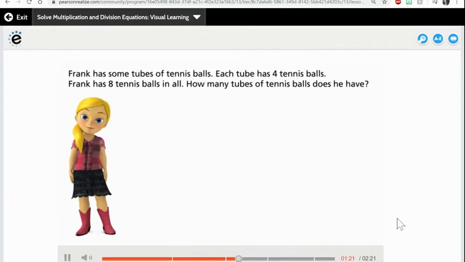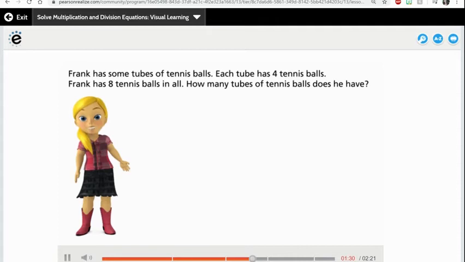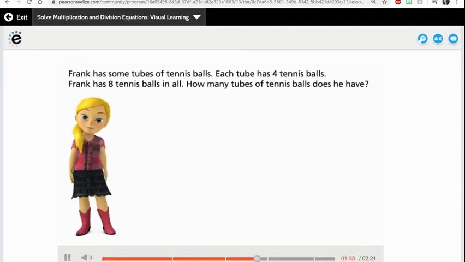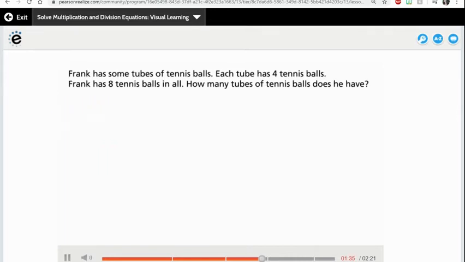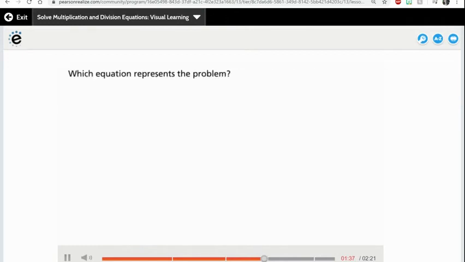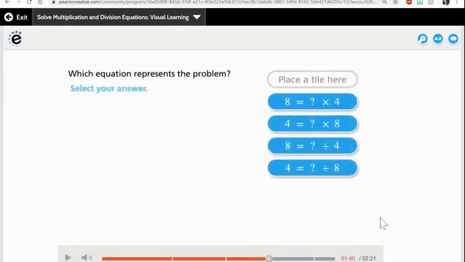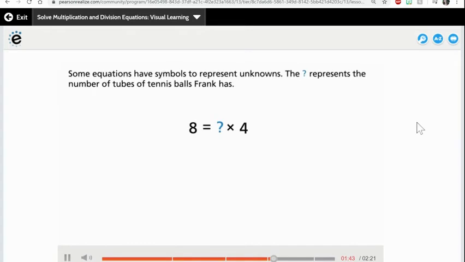Frank has some tubes of tennis balls. Each tube has 4 tennis balls. Frank has 8 tennis balls in all. How many tubes of tennis balls does he have? Which equation represents the problem? Select your answer. Some equations have symbols to represent unknowns.